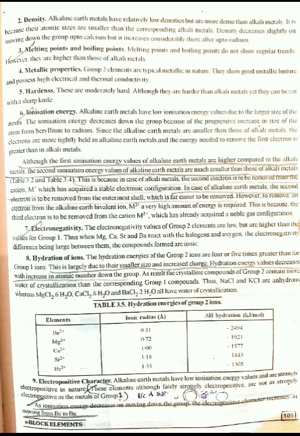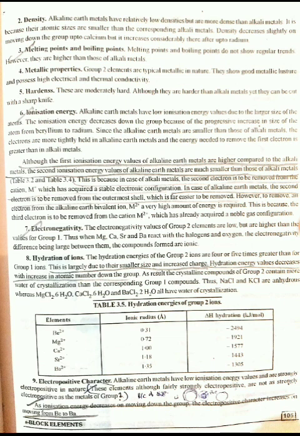Table 3.5 Hydration energies of group 2 ions. Beryllium 2+: ionic radius in angstrom 0.31, delta H hydration in kilojoule per mole minus 2494. Magnesium 2+: ionic radius 0.72, delta H hydration minus 1921.